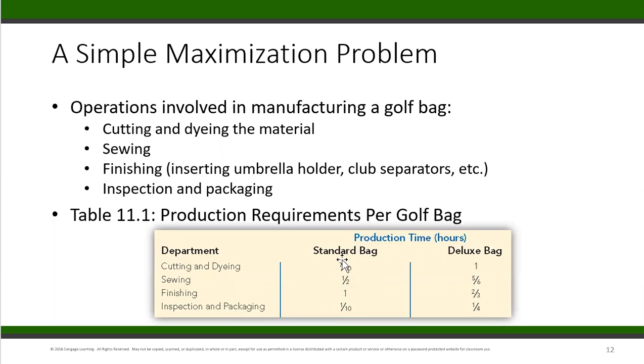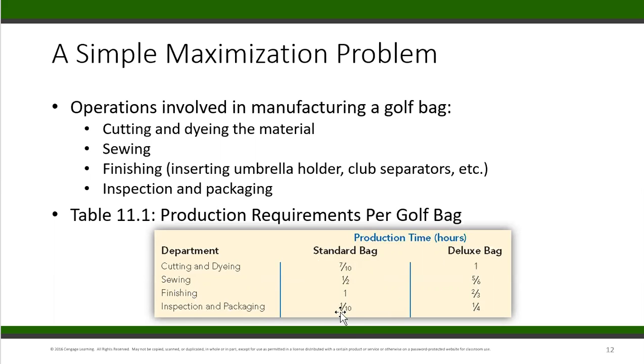For each standard bag that you produce, you need 7/10 of an hour from the cutting and dyeing department, half an hour from the sewing department, 1 hour from the finishing department, 1/10 of an hour from the inspection and packaging department. So for each standard bag, this is the schedule.